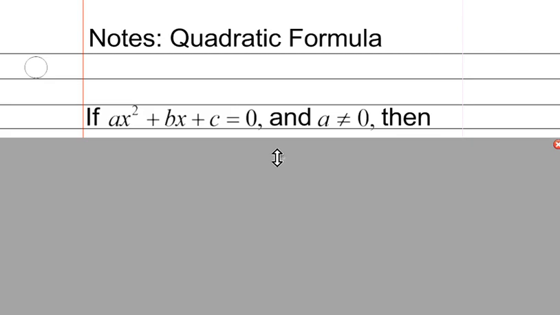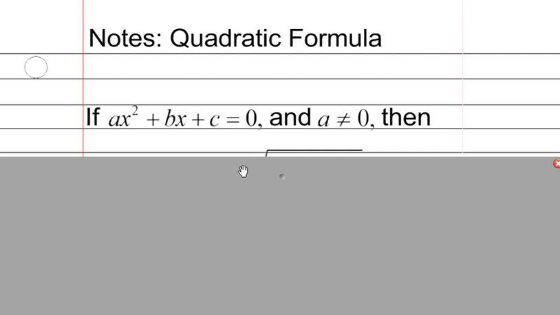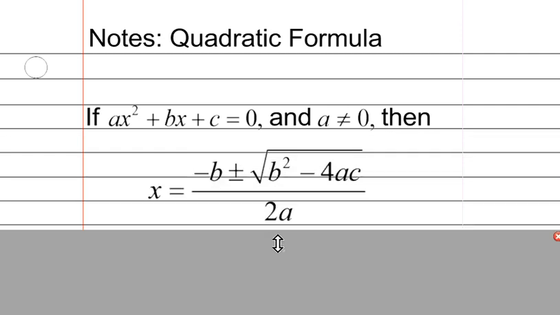So first of all, if you'll write this down, if you have ax squared plus bx plus c equals 0, remember that's the standard form of a quadratic, a trinomial, and a does not equal 0, so it has to be an x squared. Then we have the quadratic formula, and this is something you need to memorize. x equals negative b plus or minus the square root of b squared minus 4 times a times c, all over 2a.